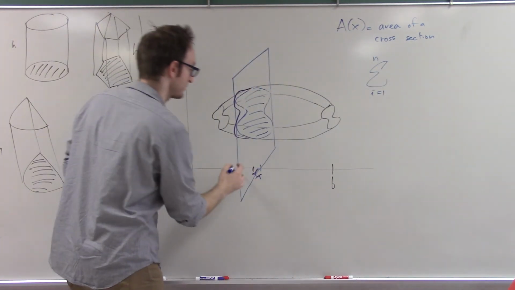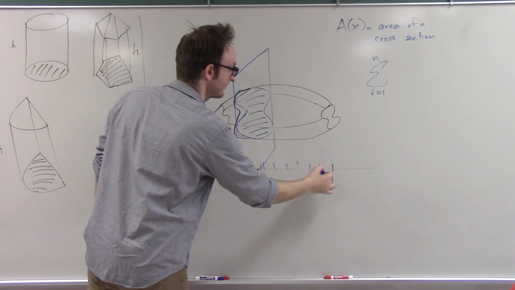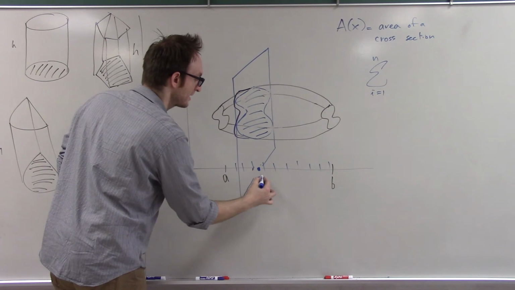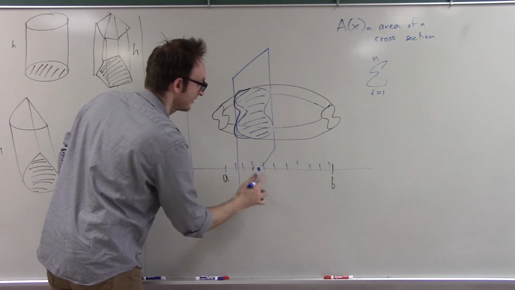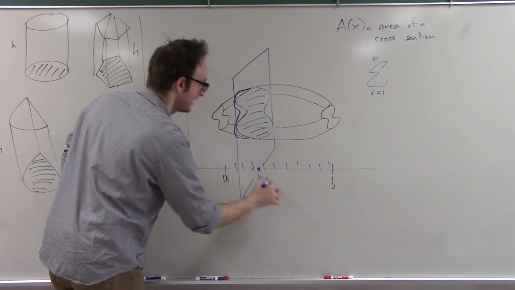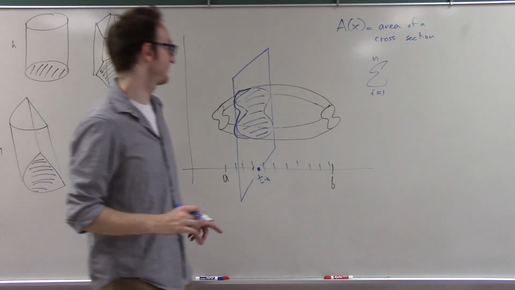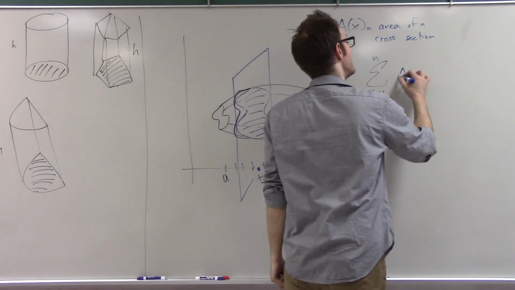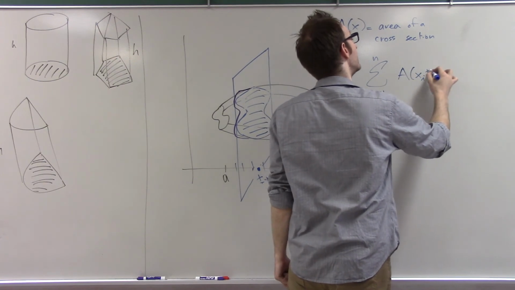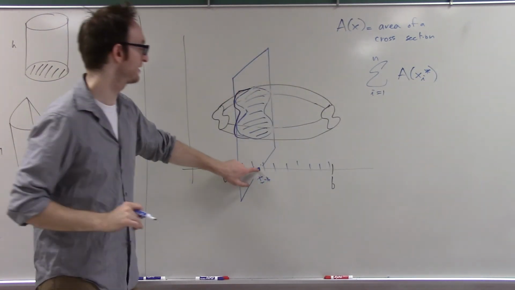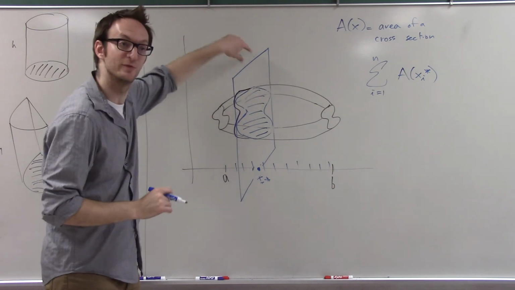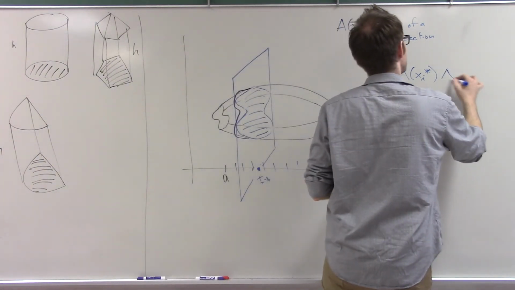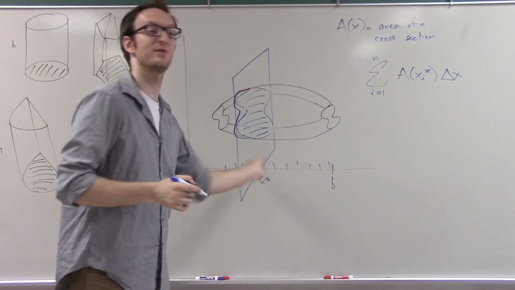I partition this interval into subintervals, go to the ith interval, pick a sample point, plug that sample point into my function, which tells me the area of the cross section for a given x value, and then multiply by delta x, the width of that interval.